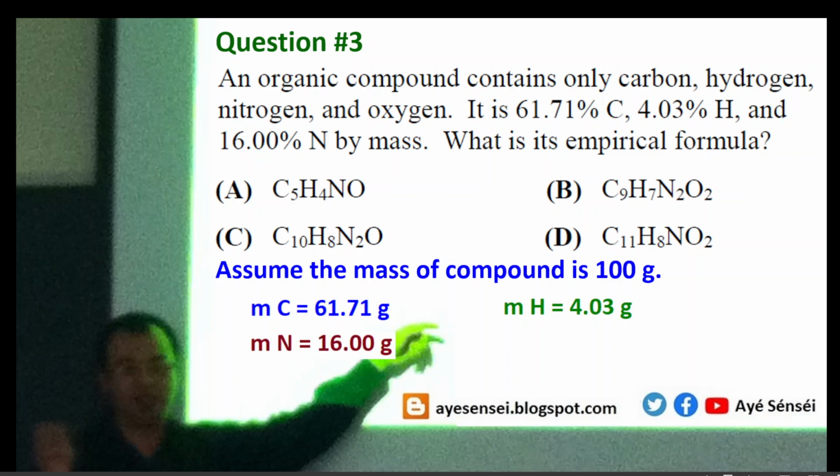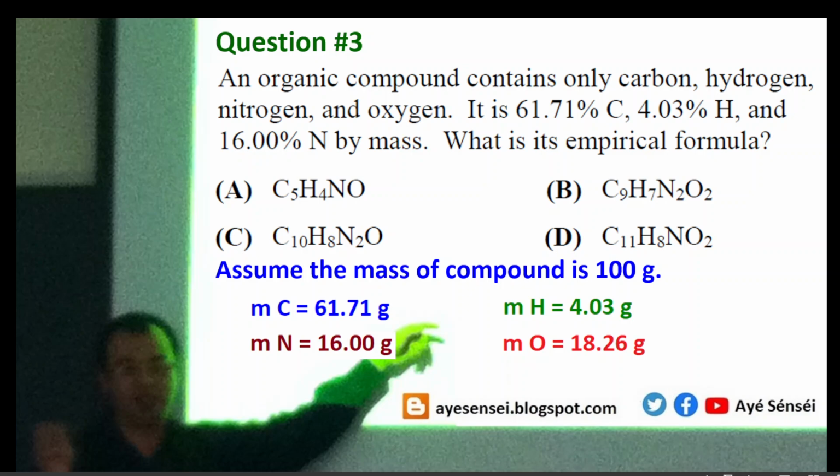The mass of nitrogen equals 16 grams. If we add them together, the result is not 100 grams. It is clear because here there is oxygen, whose composition is not known yet. But of course this is simple addition, so the remainder is the mass of oxygen, which is 18.26 grams.